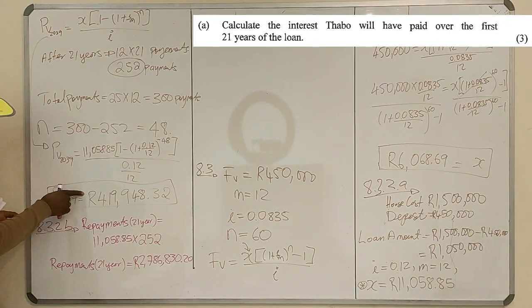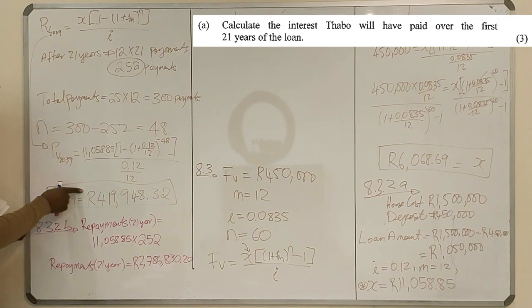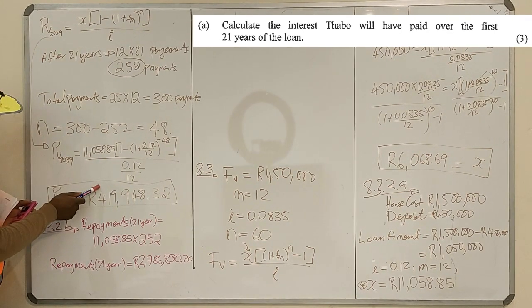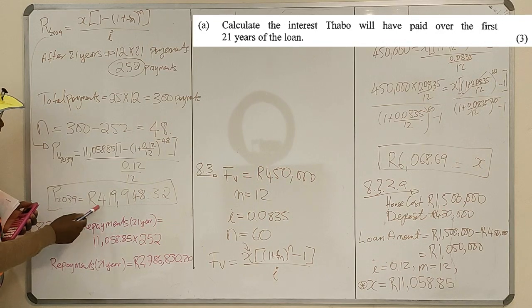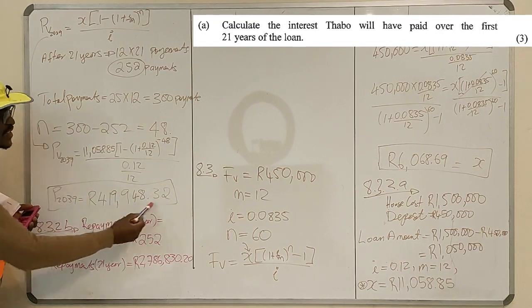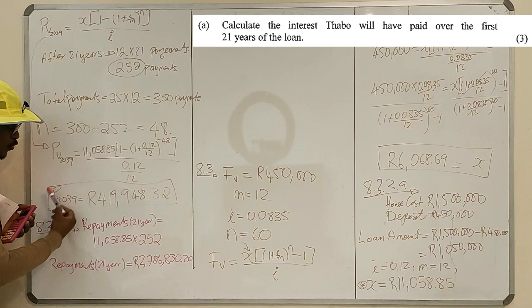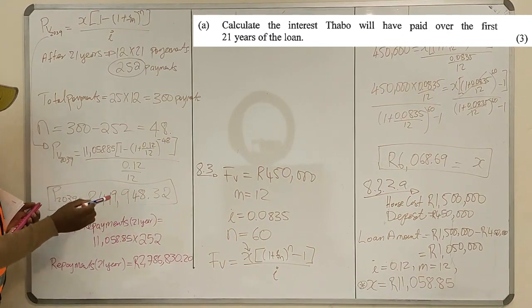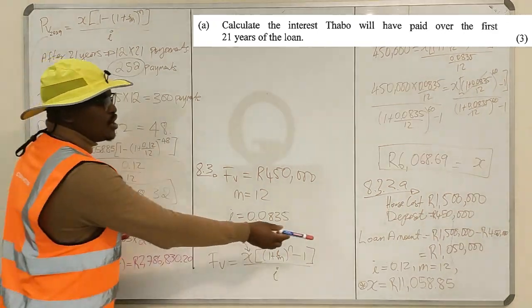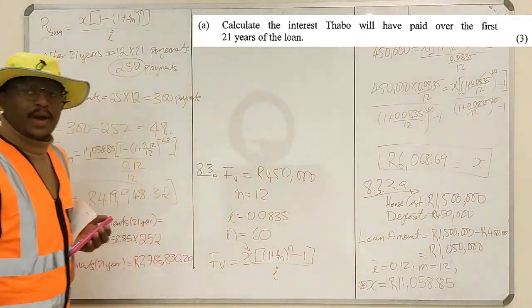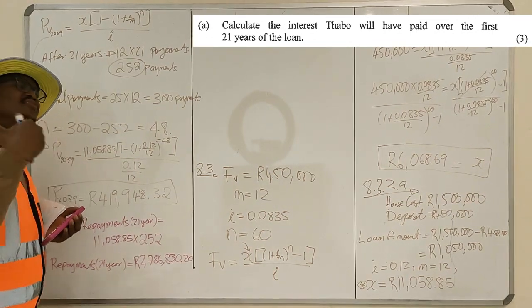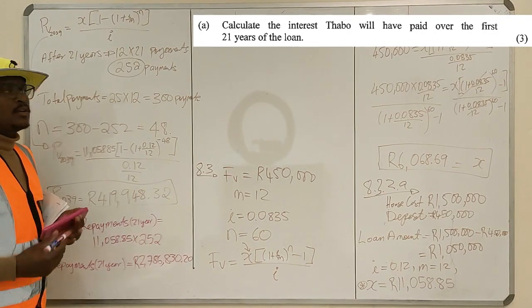But our friend Thabo is still owing the bank this 419,000. Then you are asking yourself, how much did he manage to reduce the original amount of the loan by? How much money of the loan has he paid into the bank? So how do we get that?